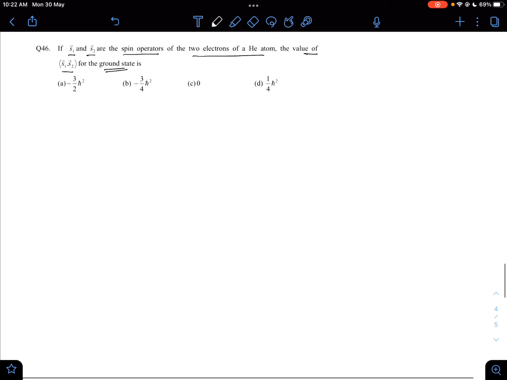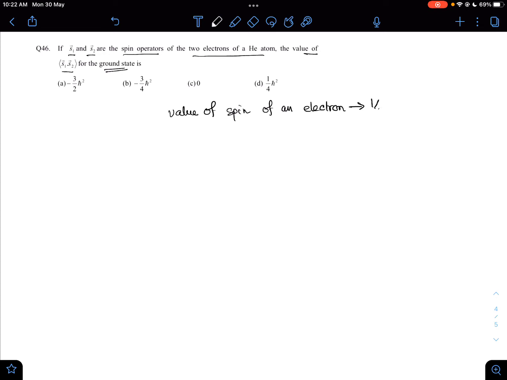First of all, we know that the spin of an electron is half. So we have two electrons, S1 value is half, and S2 value is half.